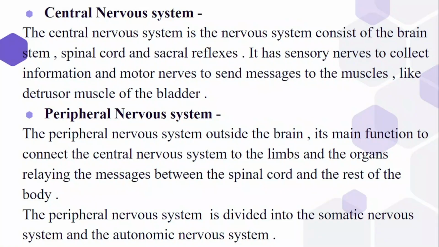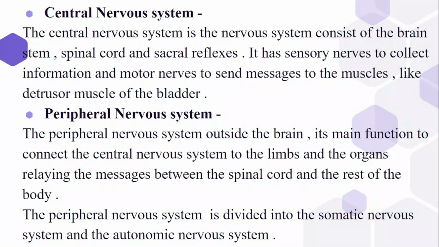Now, the central nervous system consists of the brain stem, spinal cord, and sacral reflexes. It has sensory nerves to collect information and motor nerves to send messages to muscles like the detrusor muscle of the bladder. The detrusor muscle of the bladder is controlled by the central nervous system.